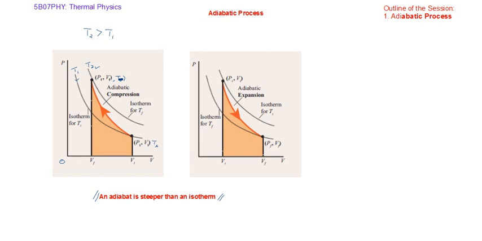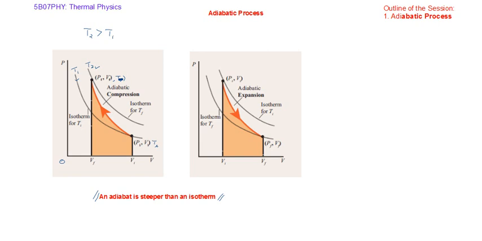And we have already concluded that an adiabatic expansion results in cooling, as we have seen in the formation of clouds. So adiabatic expansion results in cooling and adiabatic compression results in heating.